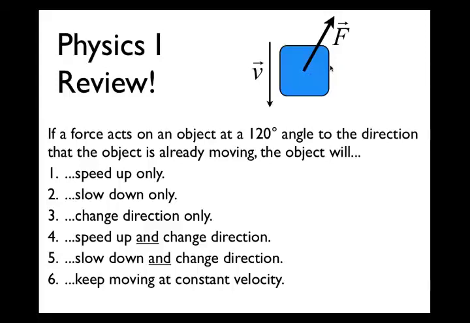And recall from Physics 1, you learned and hopefully observed that when objects experience forces that are perpendicular to the direction of their motion, what that does is it changes the direction of the velocity vector. It doesn't change the magnitude, so the object will keep moving the same speed, but it changes the direction of motion. In this case, since you've got both those components, it'll change the direction and the speed, and so number 5 is the correct response here.